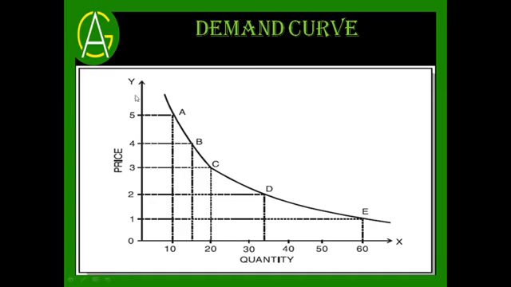So y-axis is also known as price axis, or vertical axis, and x-axis is also known as quantity axis or horizontal axis. On the horizontal axis we present quantity, and on the vertical axis we present price. So we can see that as the price is reduced, the quantity demanded increases.